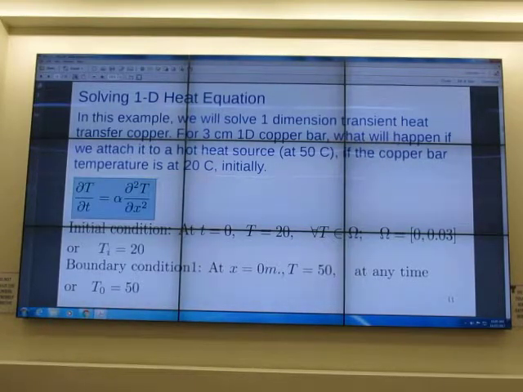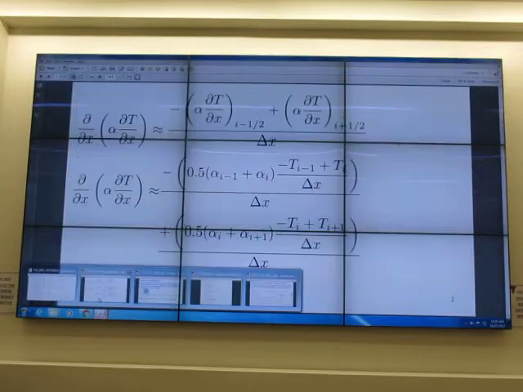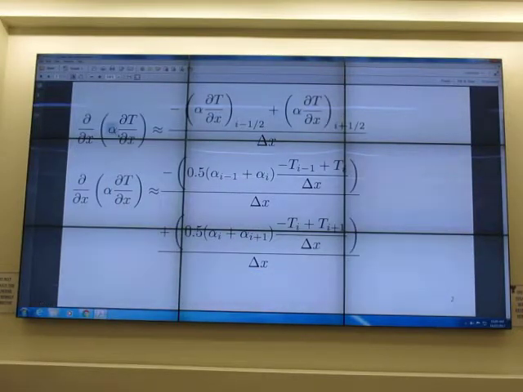This is the 1D heat problem, transient heat transfer in one direction for constant alpha. Alpha stays inside if alpha is not constant.